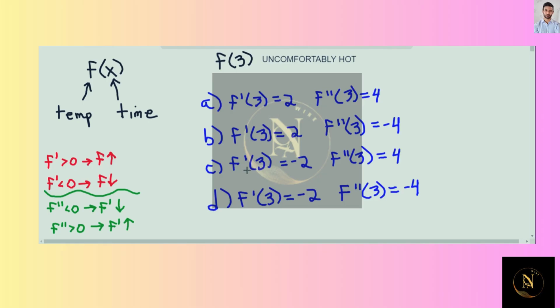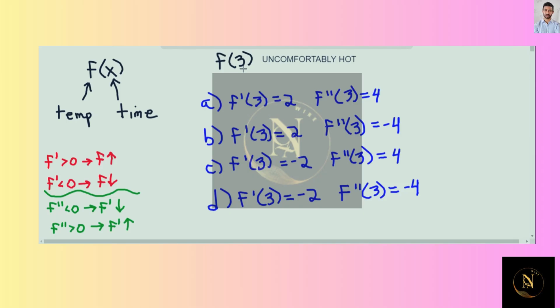Let's look at C. Here we finally have F prime of 3 being a negative number. If F prime is negative, your function is decreasing. So F of 3, the temperature at the 3-hour mark, you feel uncomfortably hot. But F prime at 3 is negative 2. If F prime is negative, that means your function is decreasing.